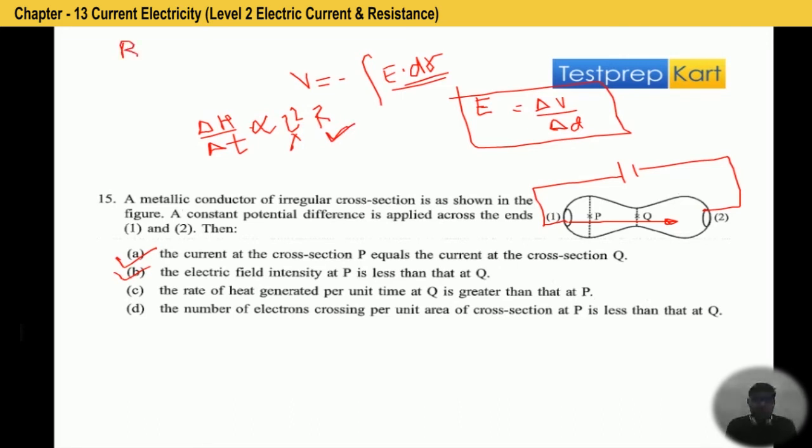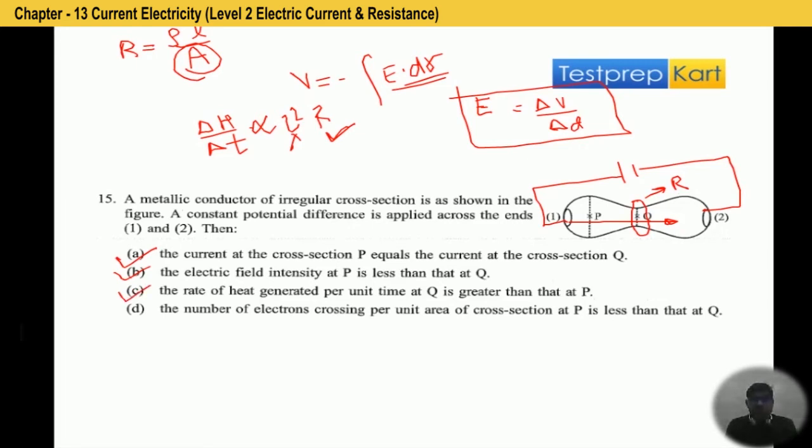And resistance is a parameter that depends on physical dimensions. So the point where the cross-sectional area is smaller would offer higher resistance. So in this region resistance should be greater, so there will be a higher rate of heat generated. Okay, so this option is also right.